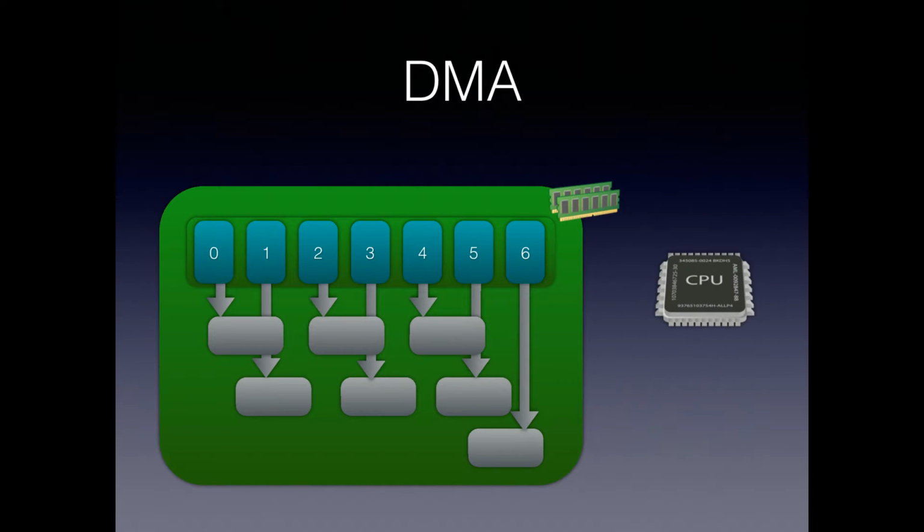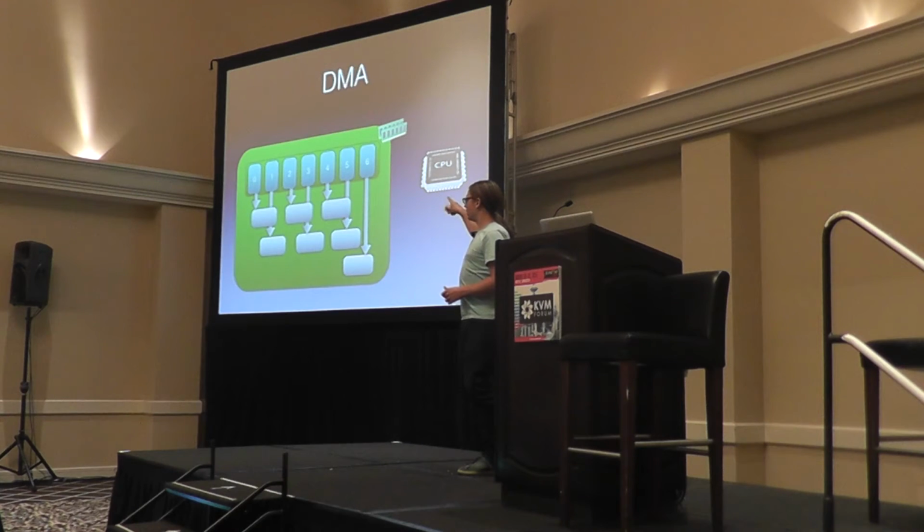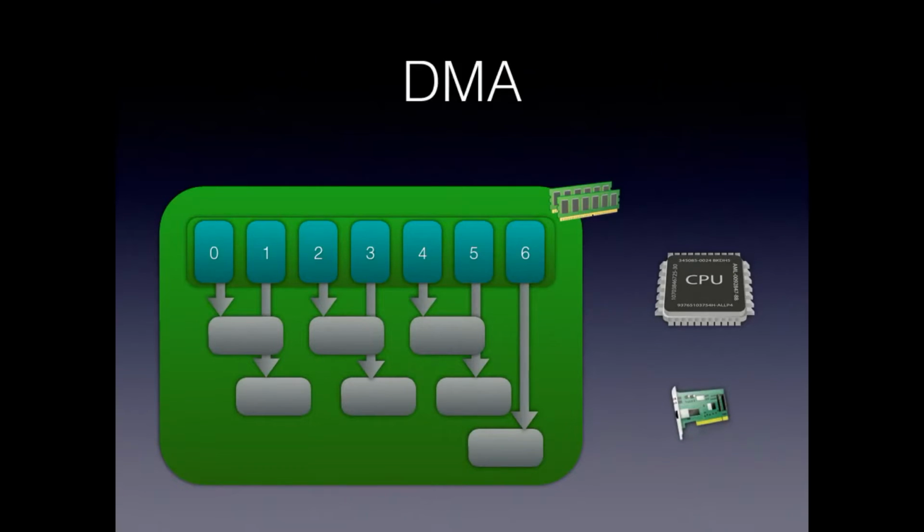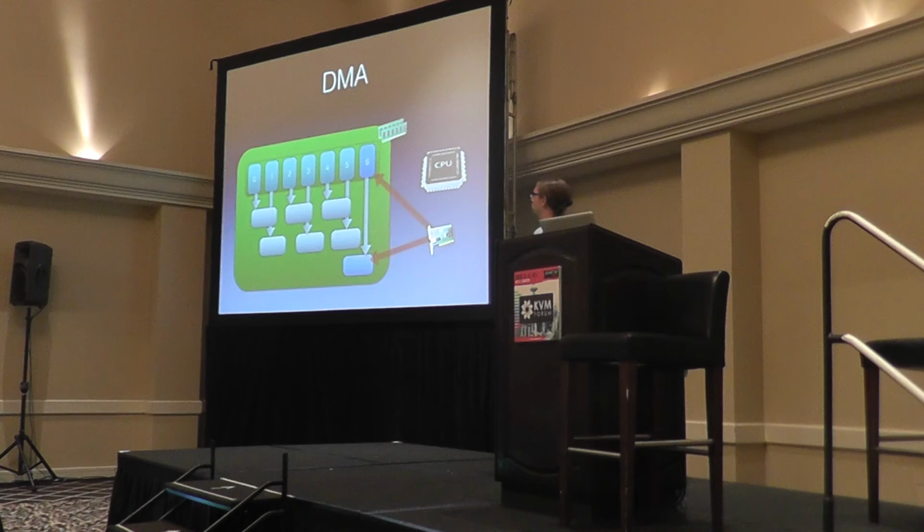But those queue items only point to random addresses in our RAM. We do know where the packets could potentially land in the receive queue, but we don't necessarily know because the guest could be writing packets really, really fast. So when hardware receives a packet, it will write to the pointer that was pointed at by the queue, and to the queue, notifying the guest, look, there's a new packet coming in.